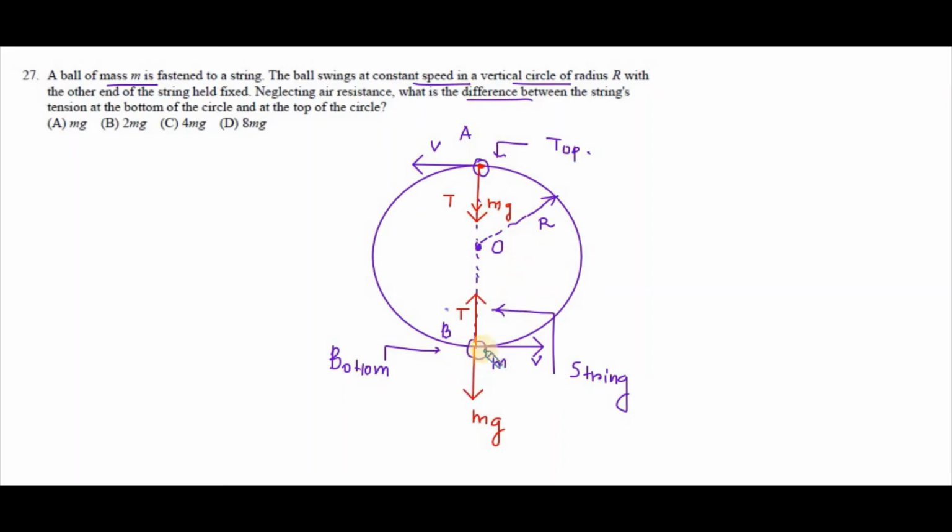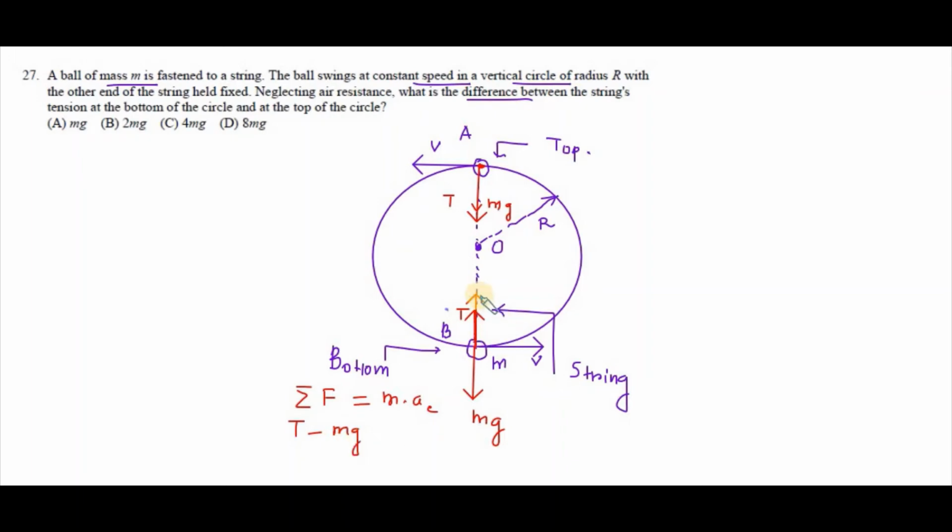Now when the object is at the bottom of the circle, according to Newton's second law of motion, net force equals mass times acceleration, and the acceleration is nothing but the centripetal acceleration, which is towards the center of the circle. So the net force should definitely be radially inward. So it is T minus mg.